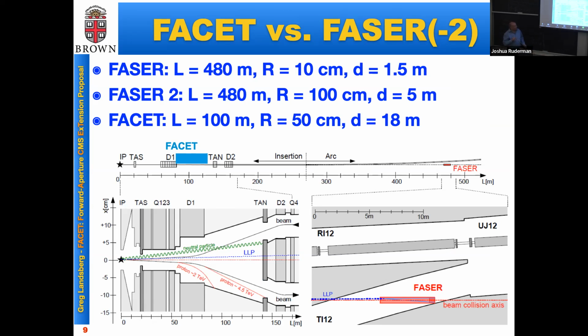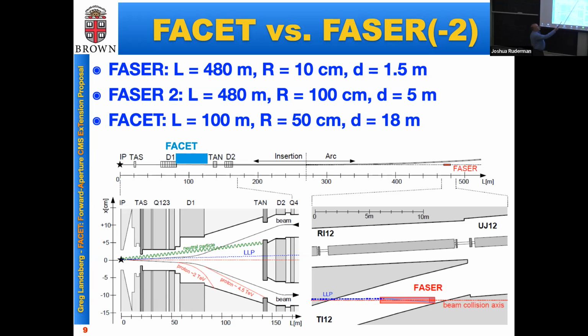Conceptually, FASER is sitting at a distance of nearly 500 meters. It has a radius of 10 centimeters for the decay volume, and the length of the decay volume is 1.5 meters. So those are the three numbers which you need to keep in mind when you calculate the reach. The FASER 2 upgrade is proposed to be at the same place. It's going to be 1 meter in diameter rather than 10 centimeters, and the decay volume will be 5 meters long.